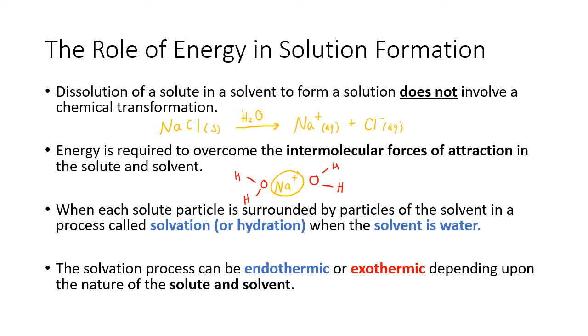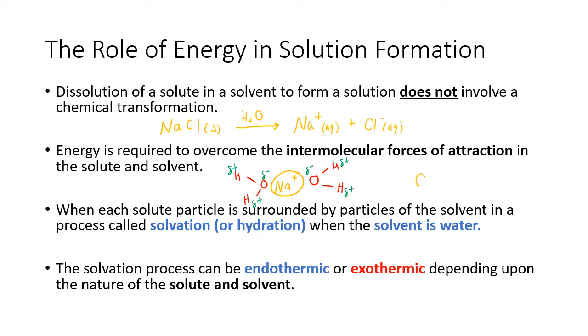The sodium ion will be surrounded by the partial negatively charged oxygen of the water. So oxygen is more electronegative than hydrogen, therefore we know it develops a partial negative charge, whereas the hydrogens will develop a partial positive charge.